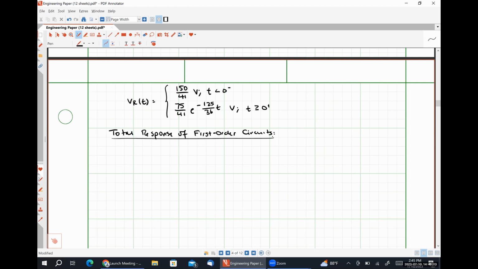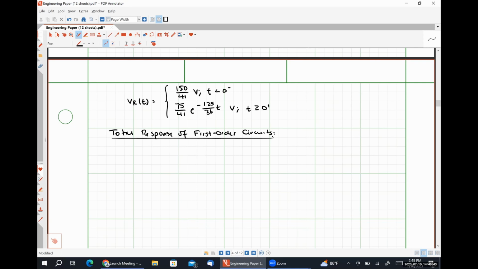It's the natural response because it's how the circuit behaves without any external influence from voltage or current sources. If you look at all of the examples that we've worked to this point, our switch has operated in such a way as to remove either a voltage source or a current source from influencing the behavior of the energy storage element.